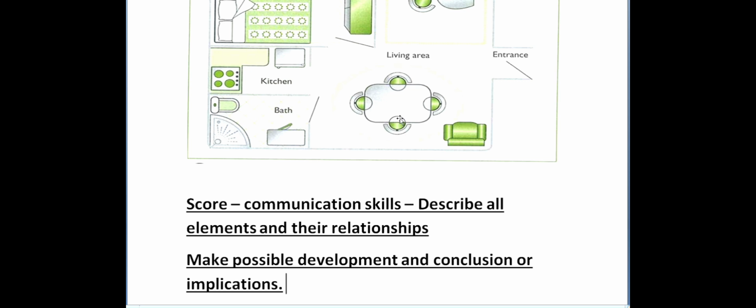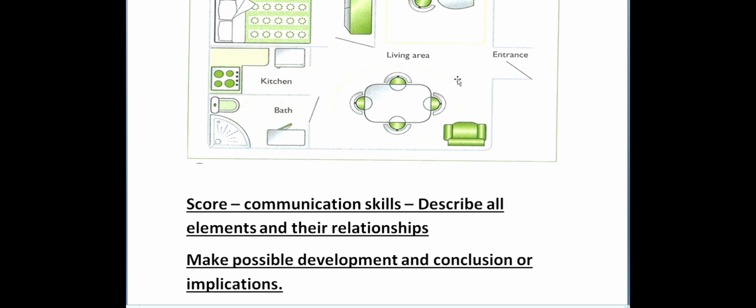Here, you are supposed to describe all the elements, that means all the parts they are given, and their relationships to each other. So focus clearly, how are they connected, what is the relationship? Similarly, to enhance your score further, you have to make possible developments and make a conclusion or an implication.